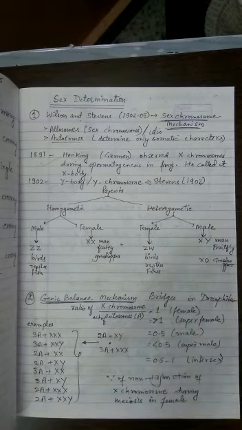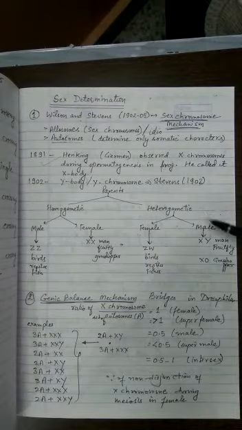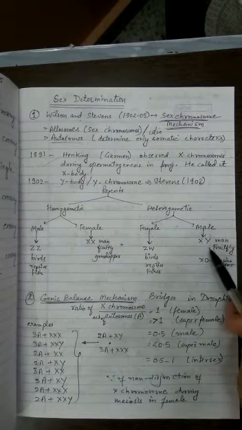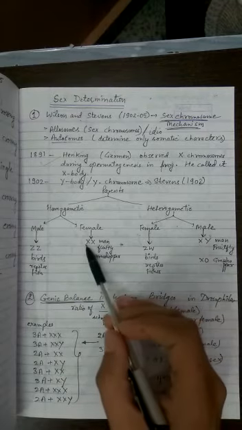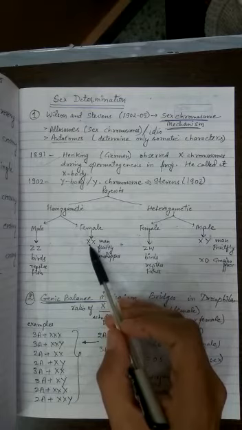Let's start with the first one. The first method is male heterogamety, in which males carry the XY chromosomes. We know the concept in man: the sex chromosomes of man are XY and of the female are XX.